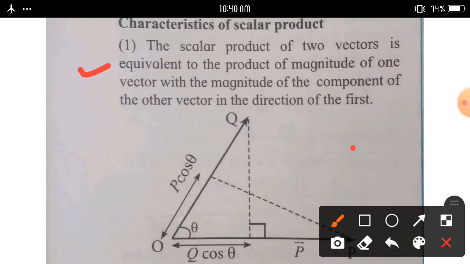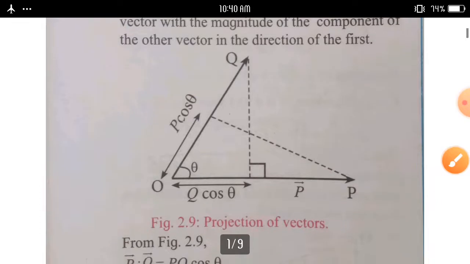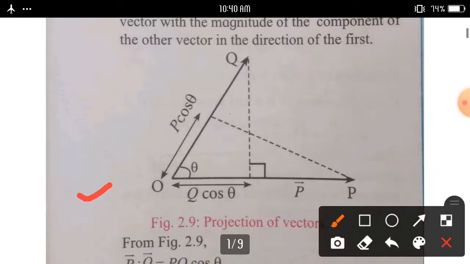Repeat again: the scalar product of two vectors is equivalent to the product of the magnitude of one vector with the magnitude of the component of the other vector in the direction of the first vector. See this diagram. This diagram shows the projection of a vector.